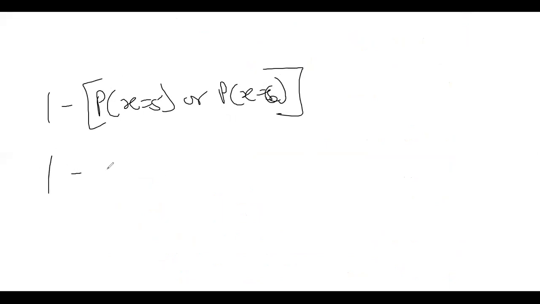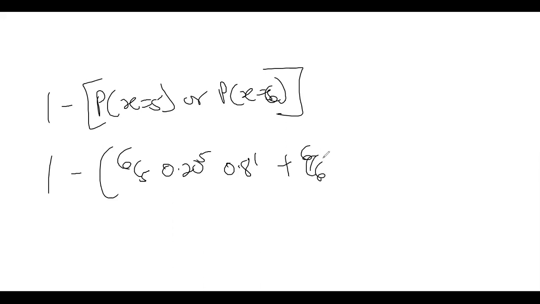So this will be 1 minus 6 combination 5, 0.20 raised to the power 5, 0.80 raised to the power 6 minus 5, which is 1, plus 6 combination 6, 0.20 raised to the power 6, and 0.80 raised to the power 6 minus 6, which is 0.